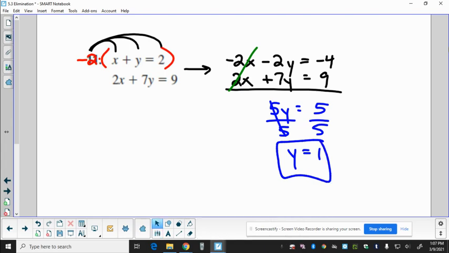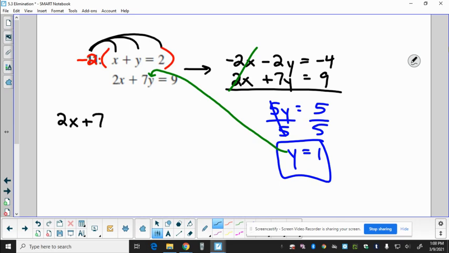So remember, what we need to do is substitute that into one of the original problems. So how about I just do this? I'll take this 1 and I will put it right there. So I will rewrite that equation. That's 2x plus 7, but the y is 1 equals 9.